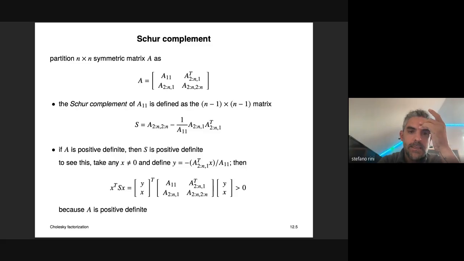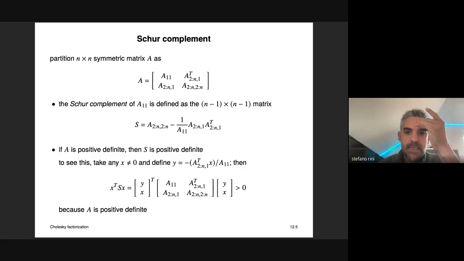So if A is positive definite, then S is positive definite. To see this, take any x different from 0 and define y to be equal to this expression there. Then x transpose S times x is equal to this form, and this is greater than 0 because A is positive definite.